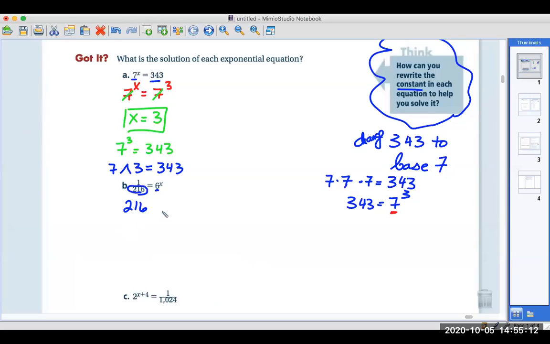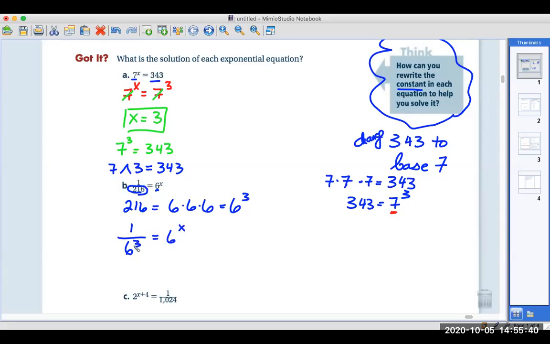Ignore the fraction. Right now, we're going to ignore the fraction. We want to make it base 6. And I believe it's 6 to the power of 3. If you put base 6 in the calculator, 6 times 6 is 36. Try it again, times 6, until you get to 216. So that's it. But it's 1 over 6 to the power of 3.